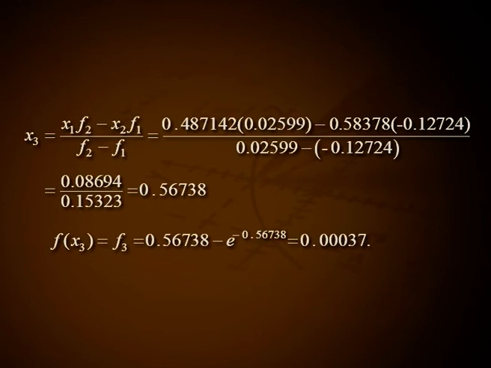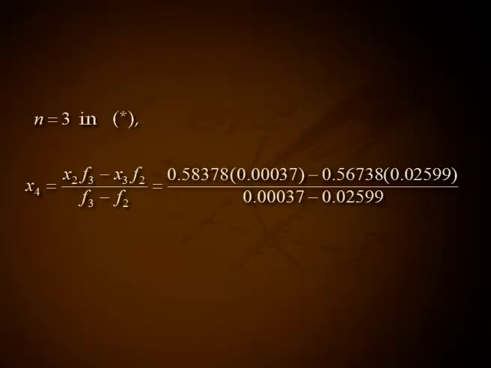0.56738. f(x₃) equal to f₃, that is equal to 0.56738 minus e raised to minus 0.56738, that is 0.00037. Step 4.